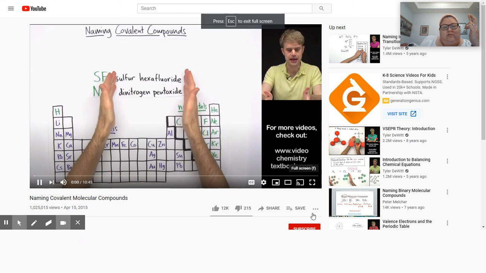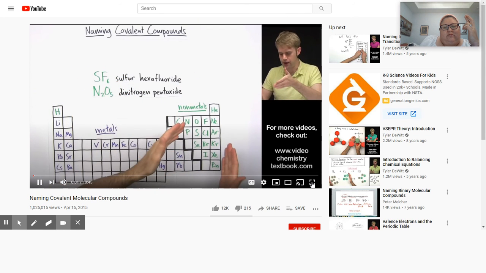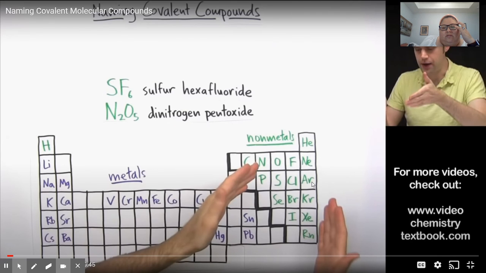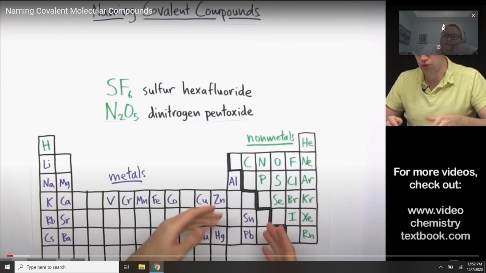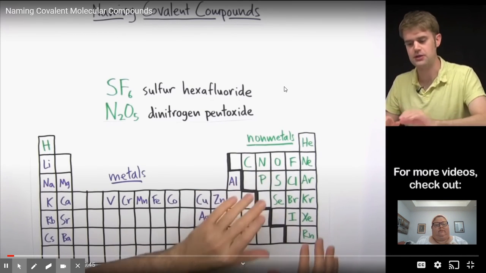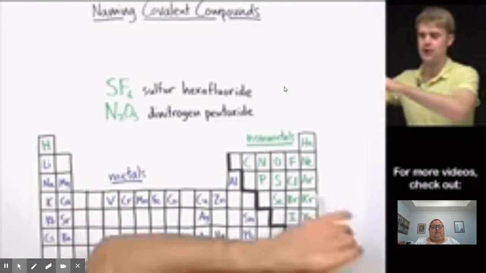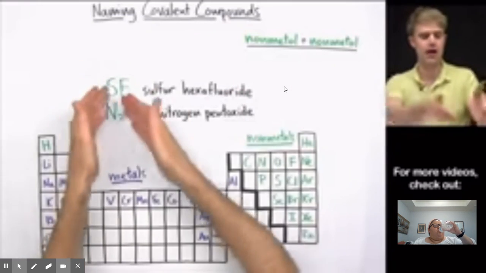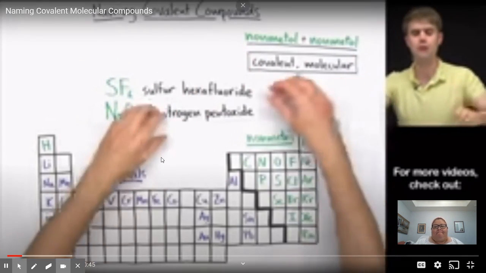Let's look at how to write names for compounds like these that are made of two nonmetals. The nonmetals are the elements to the right of the staircase on the periodic table. Now, compounds like these that are made of two nonmetals are called covalent or molecular compounds.